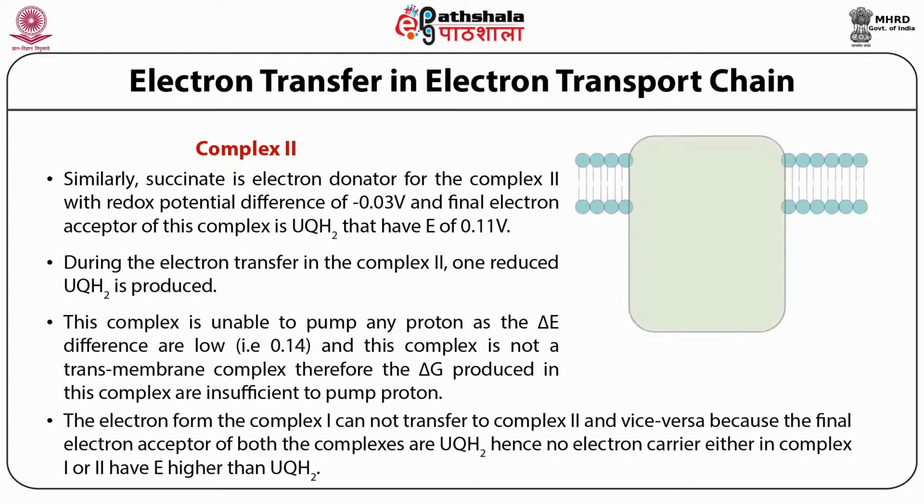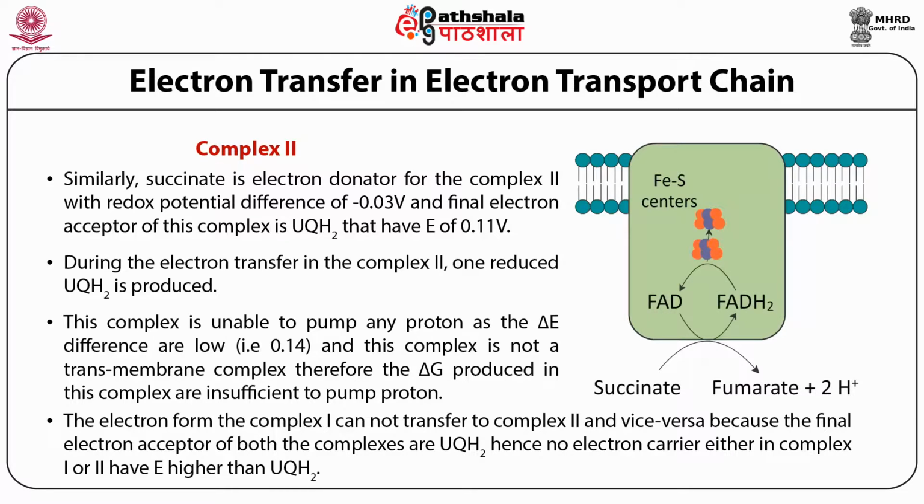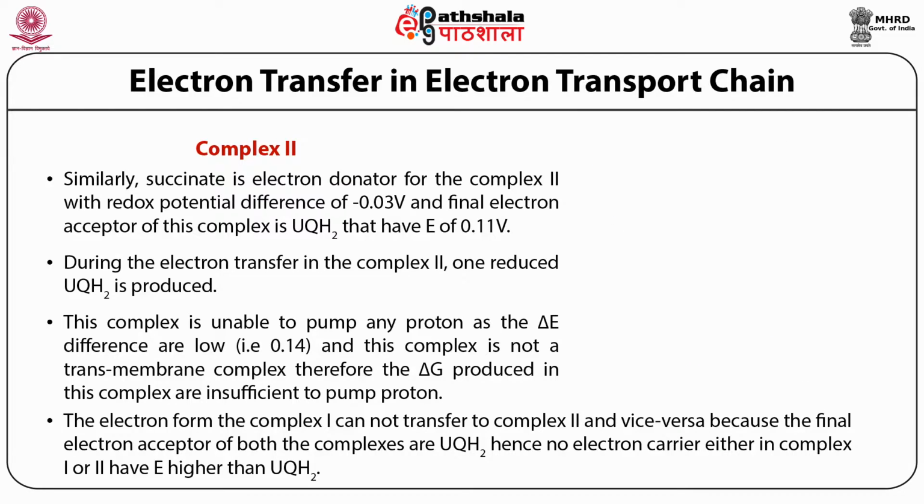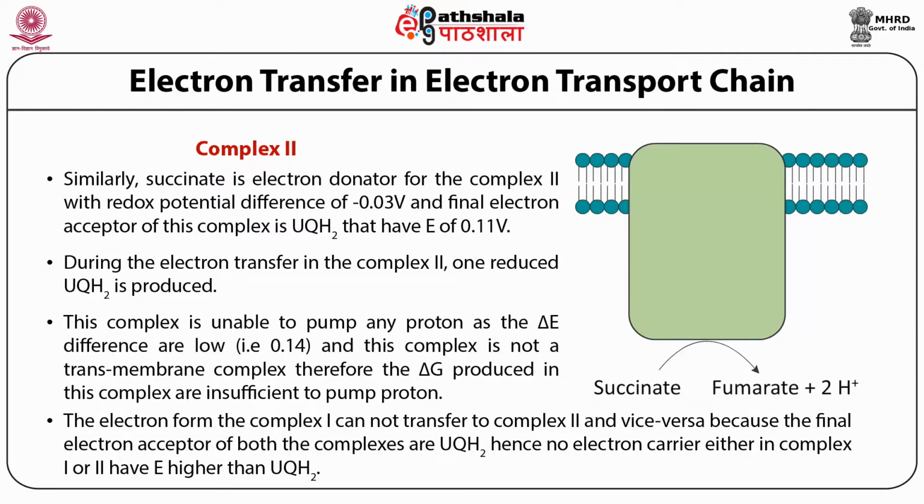Therefore, electrons from complex first don't pass to complex second, and electrons from complex second don't pass to complex first. So, both produce ubiquinone independently, and that ubiquinone goes to the quinol pool, and from the quinol pool it goes to complex third.